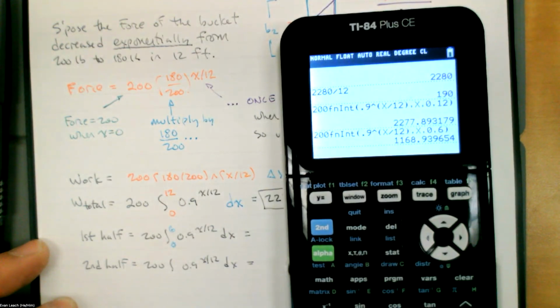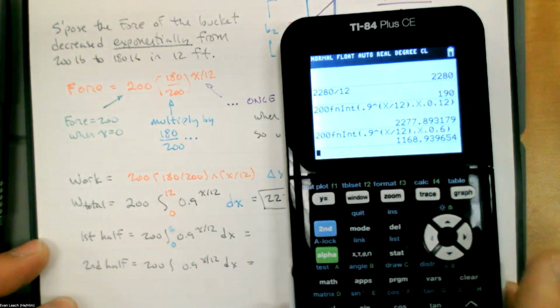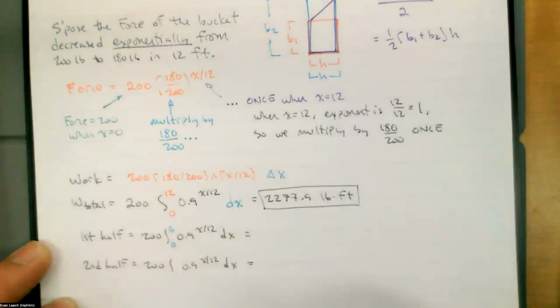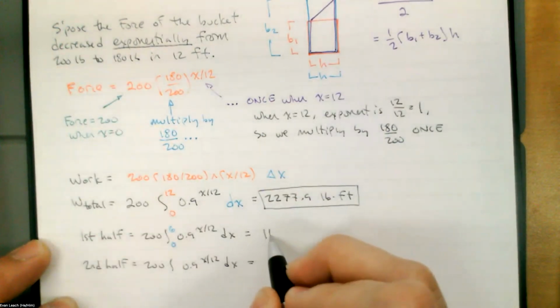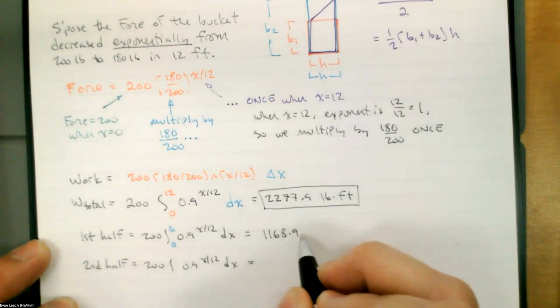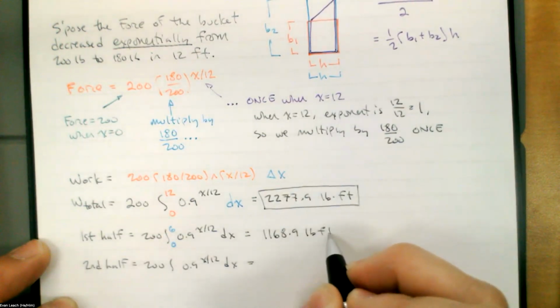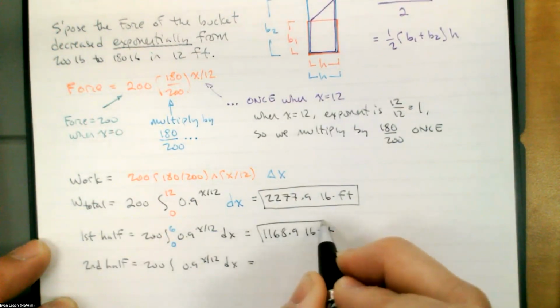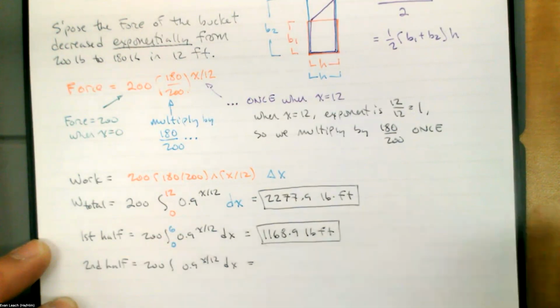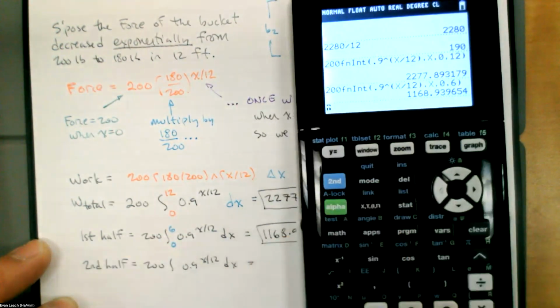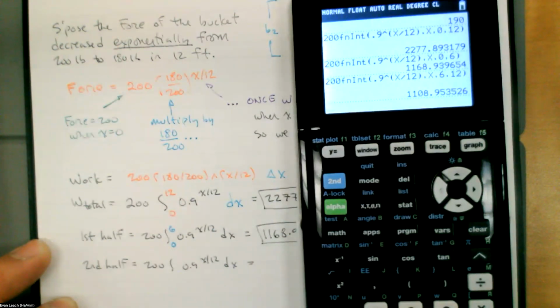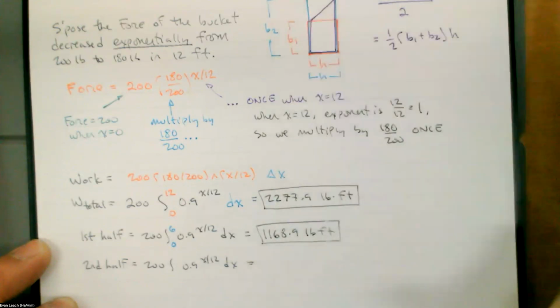And we get 1168, and that is not half of our 2277. The second half, we integrate from 6 to 12, and we get less, 1108.95.